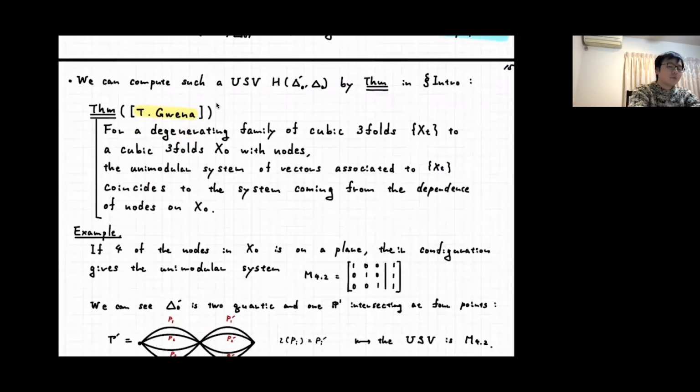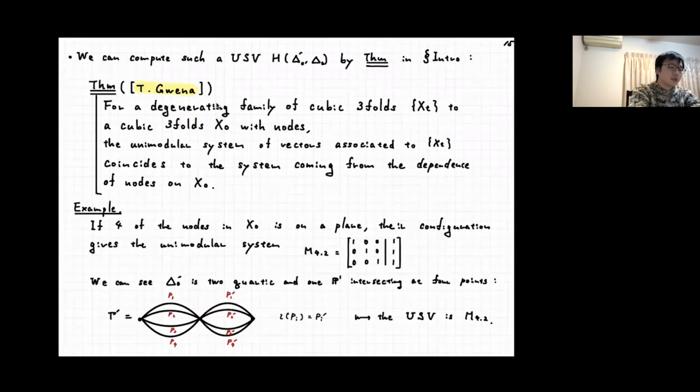So I almost want to finish my talk by introducing again the main theorem by Gwena. We can in fact compute the unimodular system H delta 0 prime del 0 by the theorem I first introduced. I want to rephrase it again here.